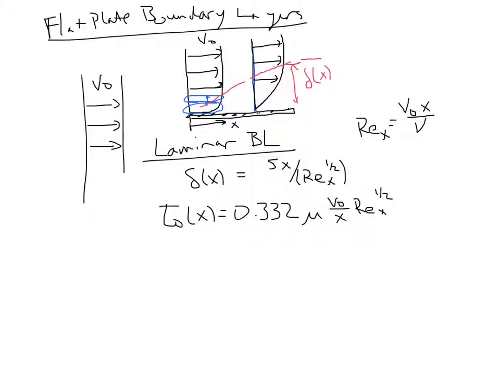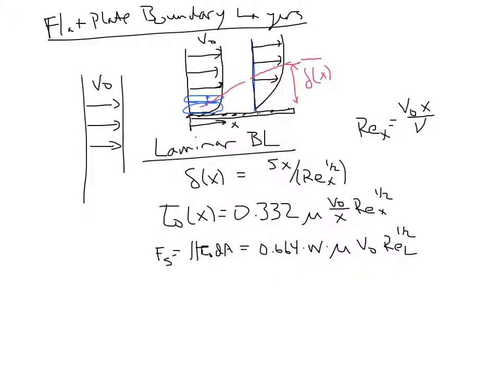And then finally the integrated force, the shear force, which is the area integral of tau, is found to be, just integrating over the area, 0.664 times the width times mu V0 times REL to the 1/2 power.